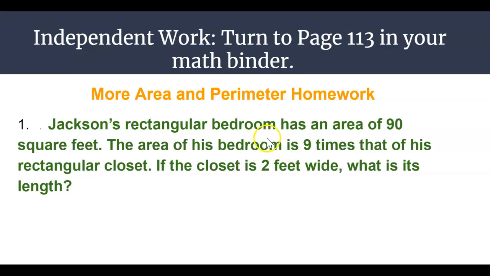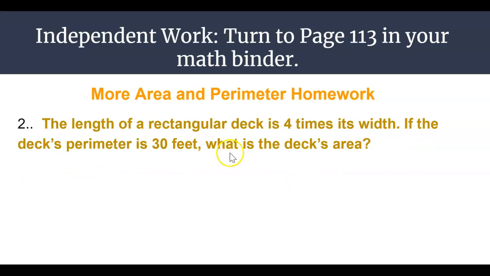All right, so you've got a little bit of multiplicative comparisons, and you've got area and perimeter in here. You're going to solve that one on page 113, and you're also going to solve the bottom part of 113. And of course, once you finish with them, you're going to take pictures of your work and attach it to the actual assignment.